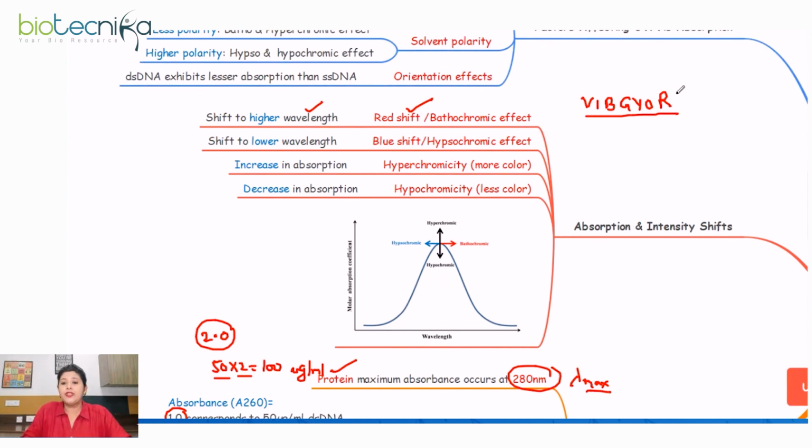The red region lies towards the longer wavelength, and the violet region lies towards the lower wavelength, right? That is near 400, and red near 700. So red shift is towards higher wavelength. Always remember this concept. Blue shift is towards the lower wavelength.